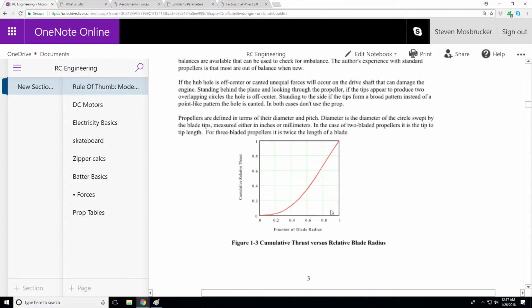And then from the same distance, 60 to 80, you're generating 20% of the thrust, and here from 40 to 60 you're generating again about another 20% of the thrust. So as you can see, not much there, but here a gigantic amount, because as you see it starts to accelerate.